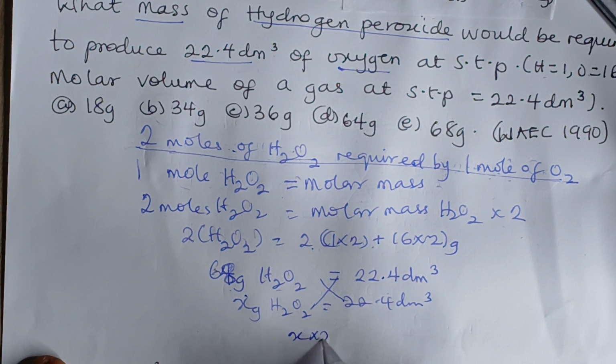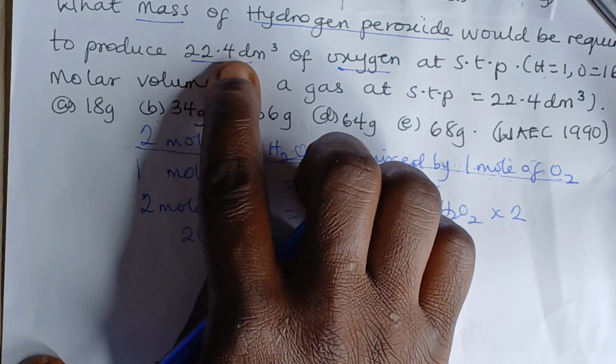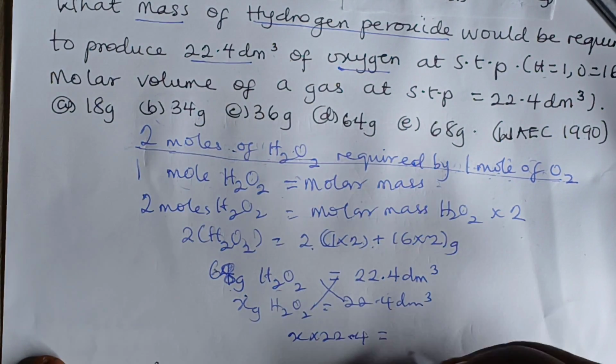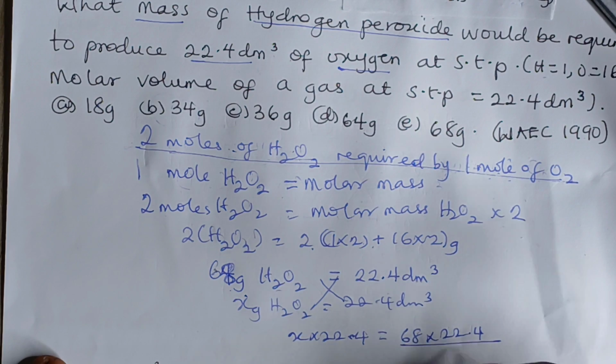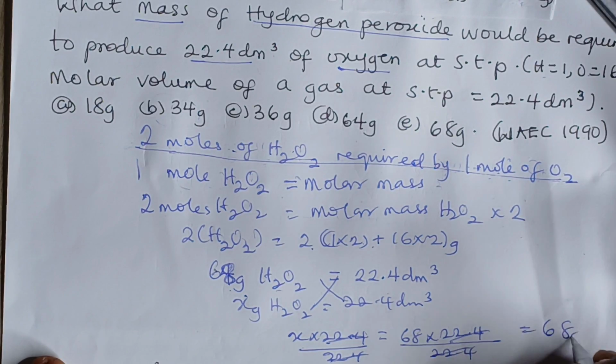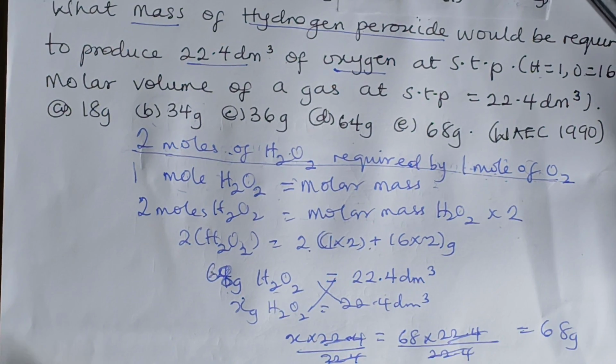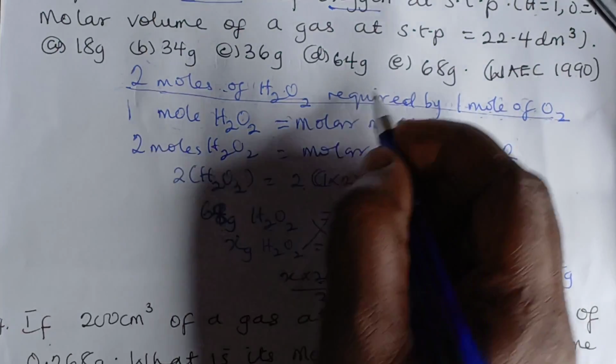So x times 22.4, provided you are given a different value next time, just follow this method. 68 times 22.4, dividing both sides by 22.4 of x. Our answer still gives us 68 grams. So this is the best answer.